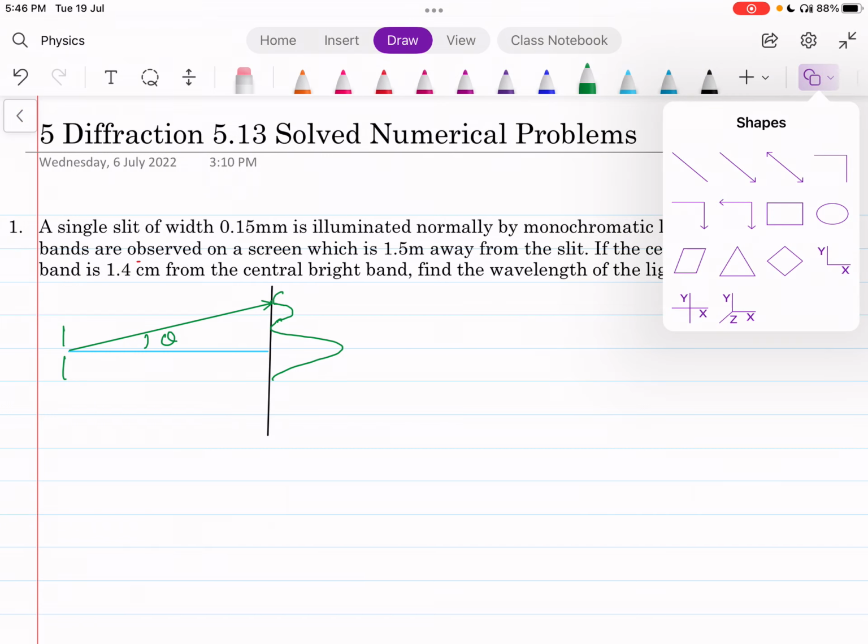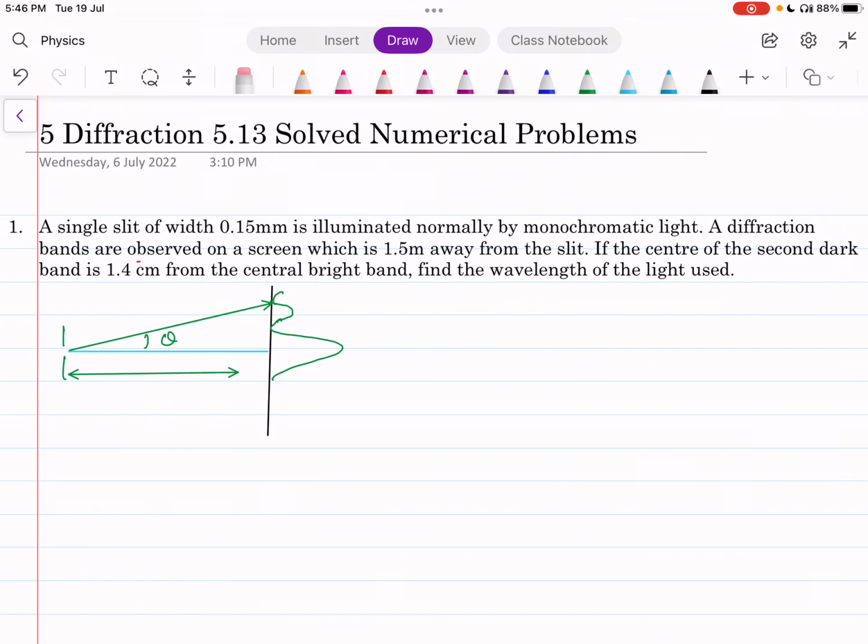And the distance between the slit and the screen is, let's say, capital D. The distance between the second minima and the center of central maxima is x.